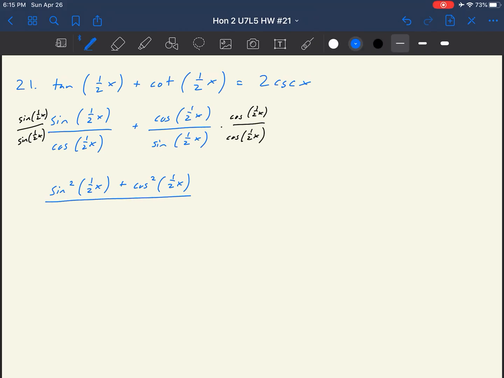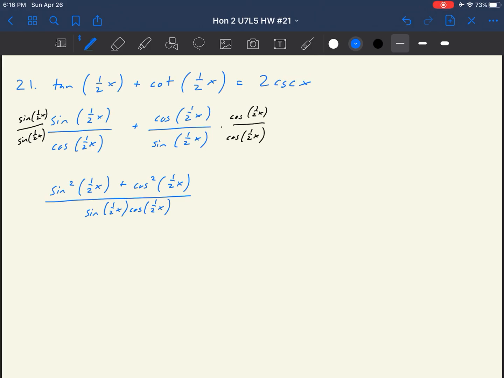That is over sine half x cosine half x. Look at this top: we have the sine squared of something plus the cosine squared of the same thing. That's going to turn to 1.